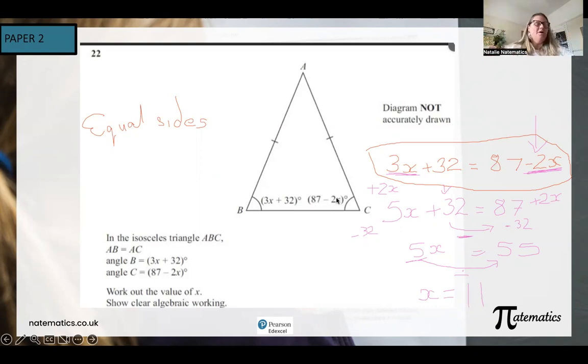Great. So let's explain, we have used the fact that it's an isosceles triangle and those angles in an isosceles triangle are equal. We've used that fact, linked them together, and then we've done a bit of maths with what's in front of us.